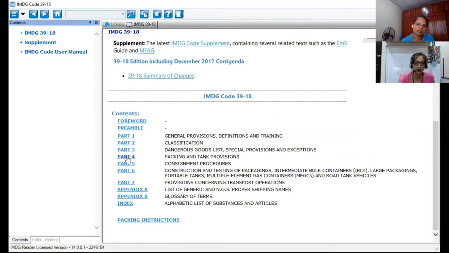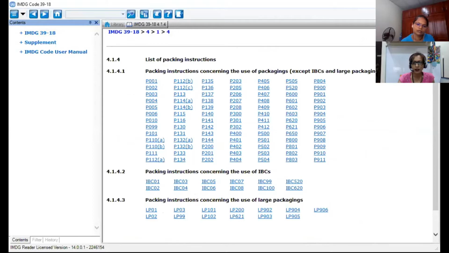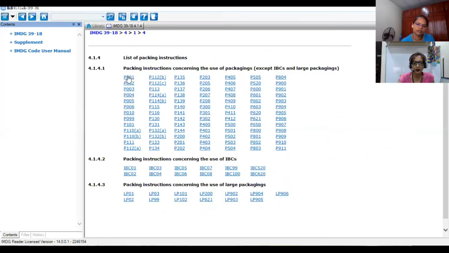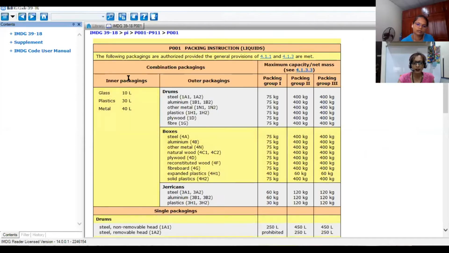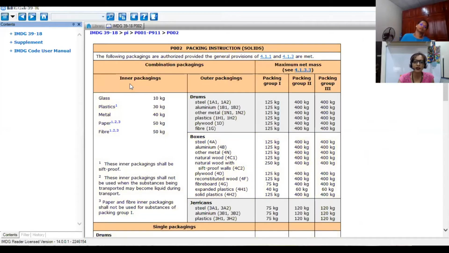Which is the packing instructions. And I'm going to go to a few of them so we can look at them again together. Now we know that these packing instructions, for instance, P001 and this one, P002, are common packing instructions.